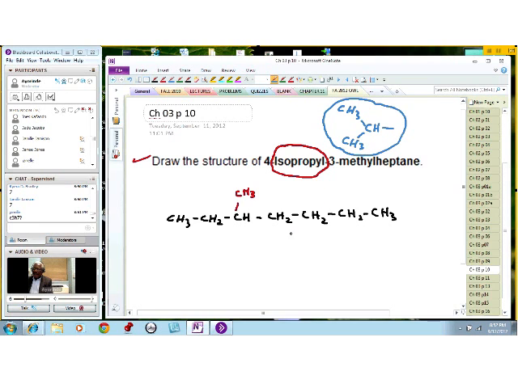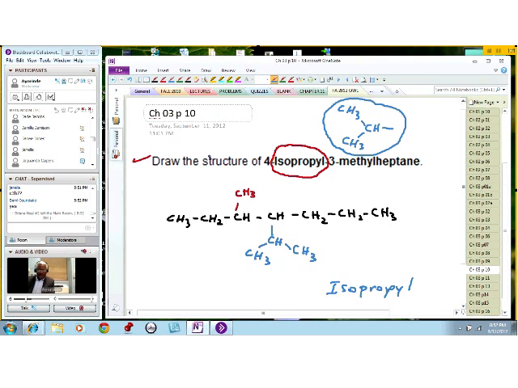Keep that in mind. Anytime you now see isopropyl, you know what it looks like. Now they want 4-isopropyl. So that means we take one hydrogen out of here, and now we place an isopropyl group. That is the isopropyl. If you follow that, give me a happy face.